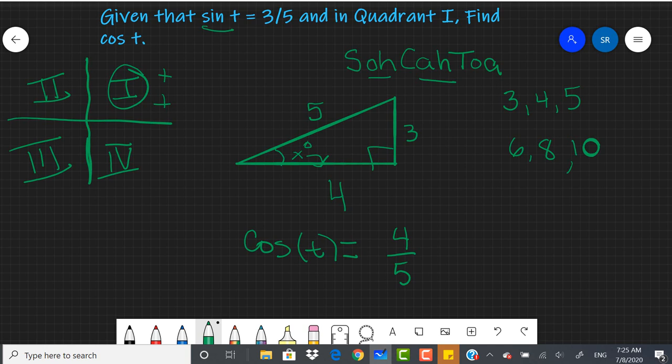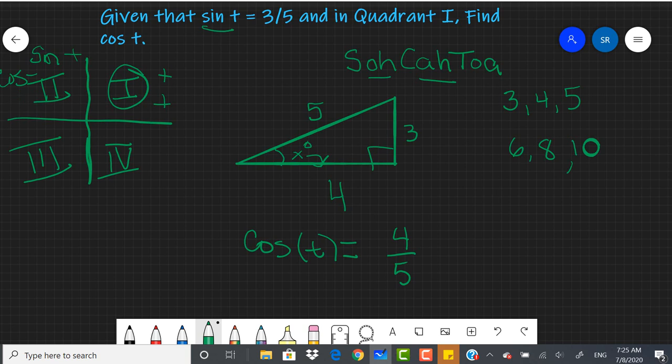So just be careful because they're going to tell you what quadrant. If you get something in a different quadrant, be very careful as to which sign you would have. Over here, you know that it's All Students. So sine is positive, and that means cosine is negative.